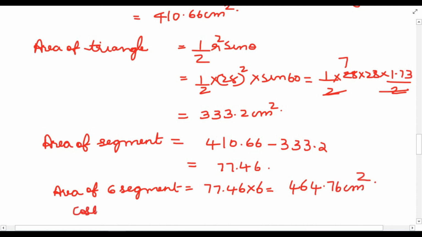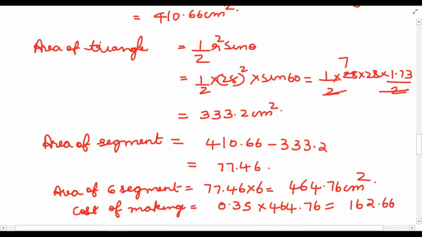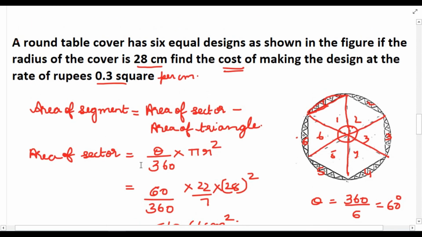Again, the cost of making this design: the rate is given as 0.35 per centimeter square, into 464.76, which is equal to 162.66 rupees.